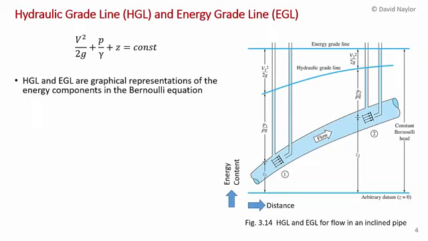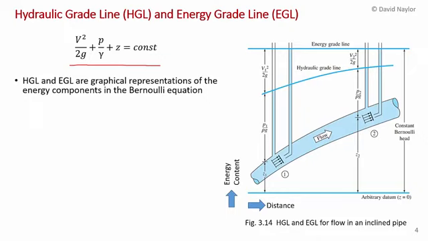So now we can get to the definitions of hydraulic grade line and energy grade line. What I've done here is reproduce the form of the Bernoulli equation that we're going to use. In this form, each of the terms has units of meters and can be interpreted as a head.